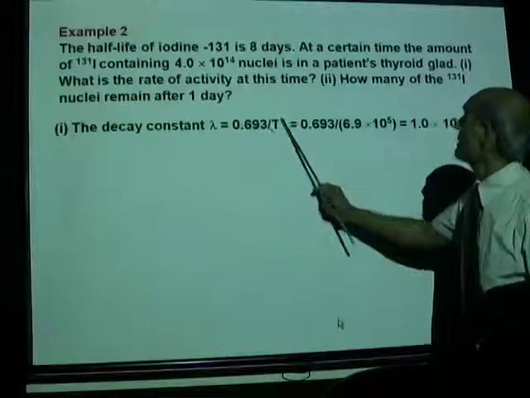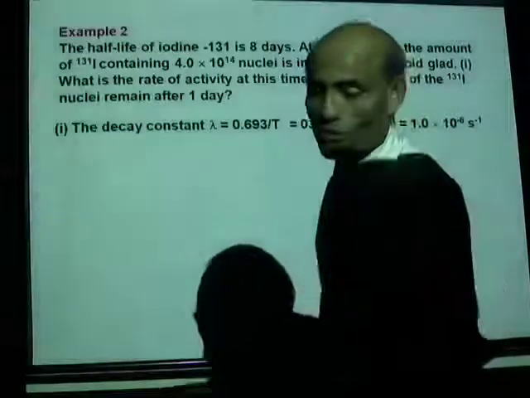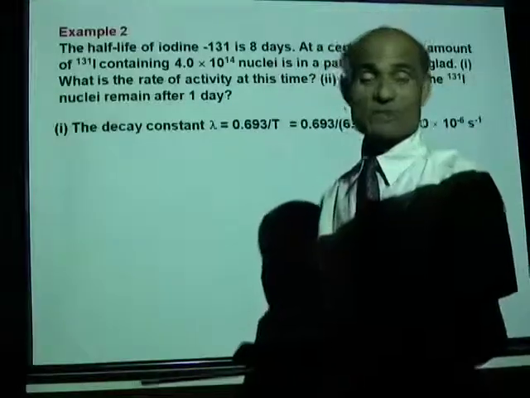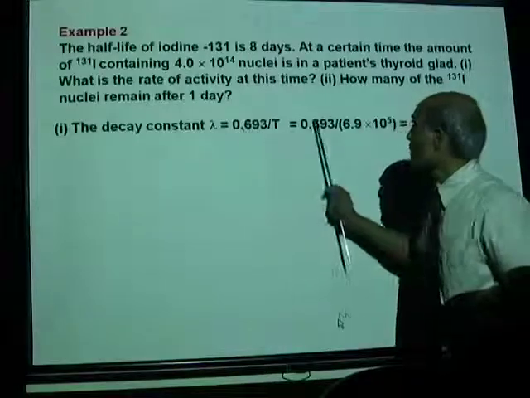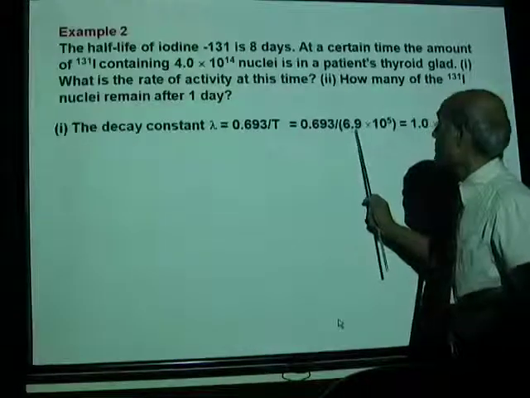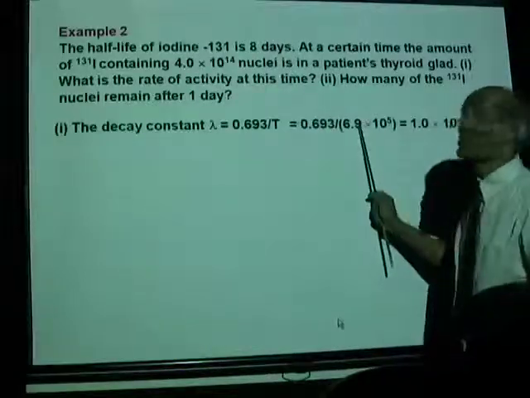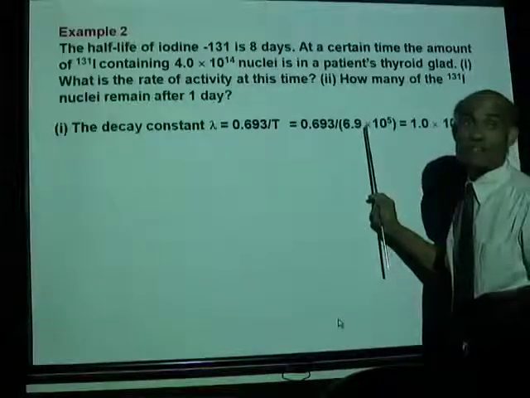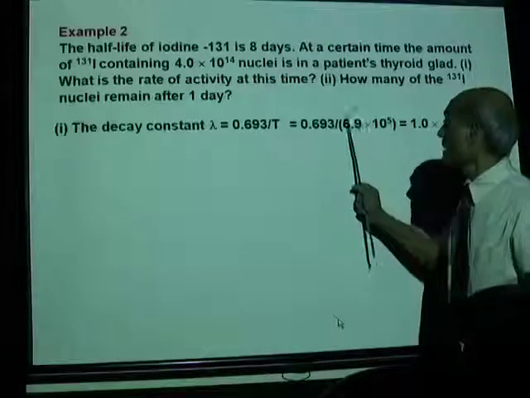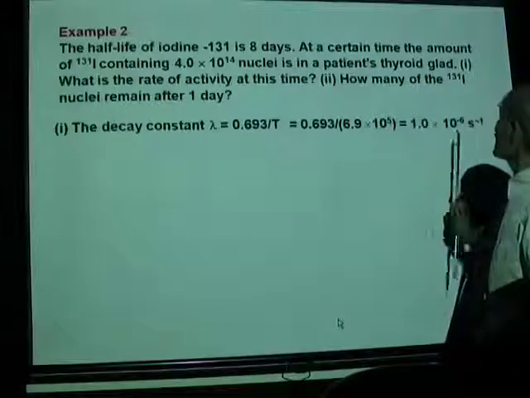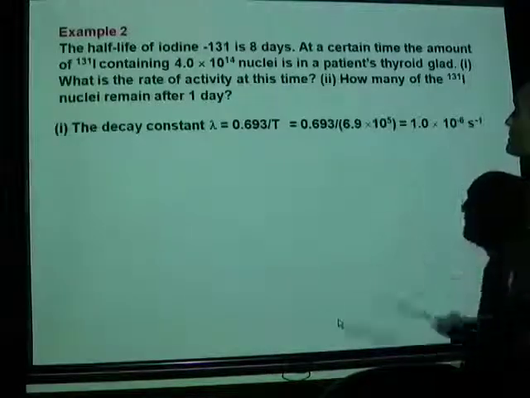So we know that, and therefore we can find the decay constant. So the decay constant is 0.693 divided by the half-life, 8 days. You need to represent that in seconds: 8 times 24 times 60 times 60. And that gives you the decay constant is 1 times 10 to the -6 per second.